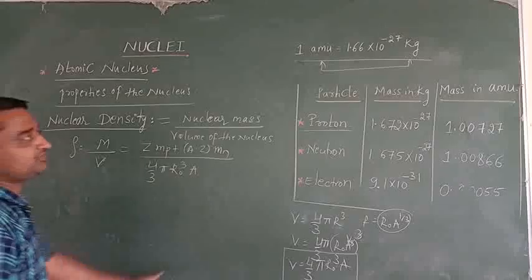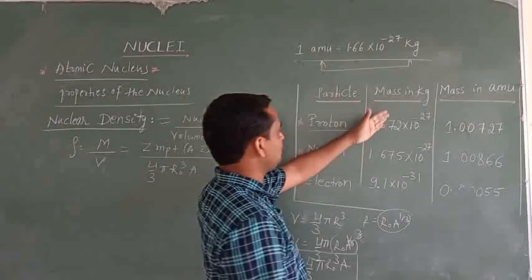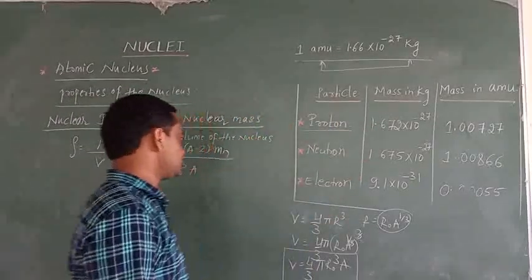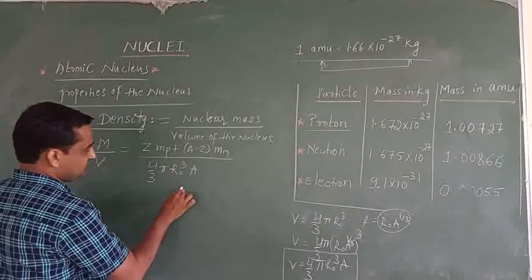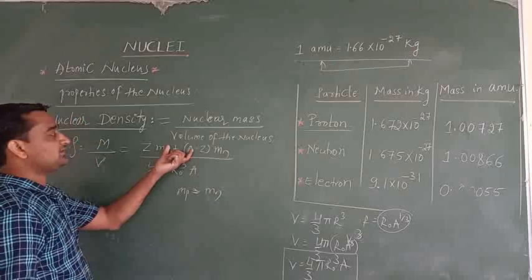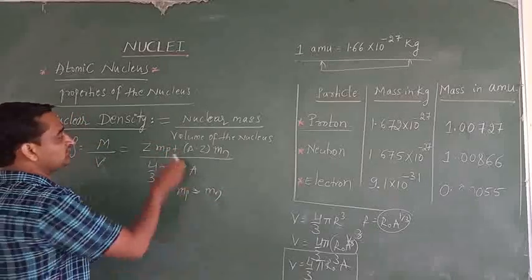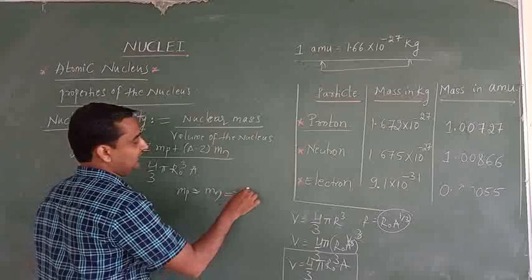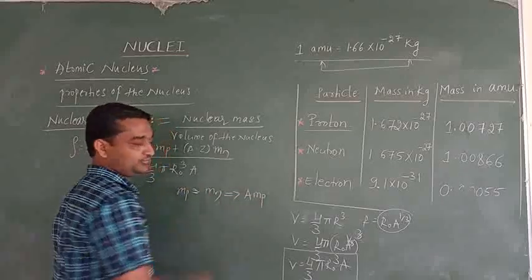Now, as you know from this table, the mass of the proton is nearly equal to the mass of the neutron. If we consider Mp is nearly equal to Mn, then the total mass becomes A into the mass of the proton.